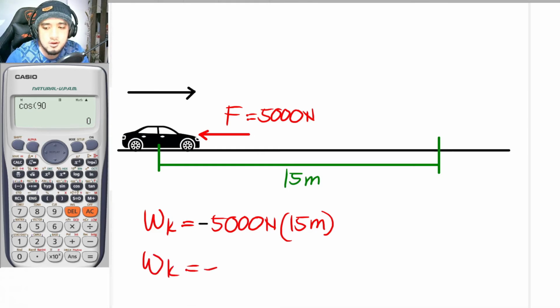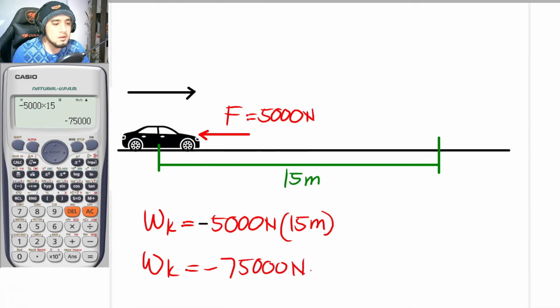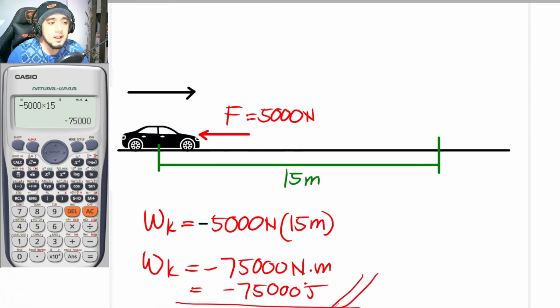Looking at the calculator to your left, negative 5,000 times 15, so with that, negative 75,000 Newton meters or negative 75,000 joules. So this is our final answer for this particular situation.